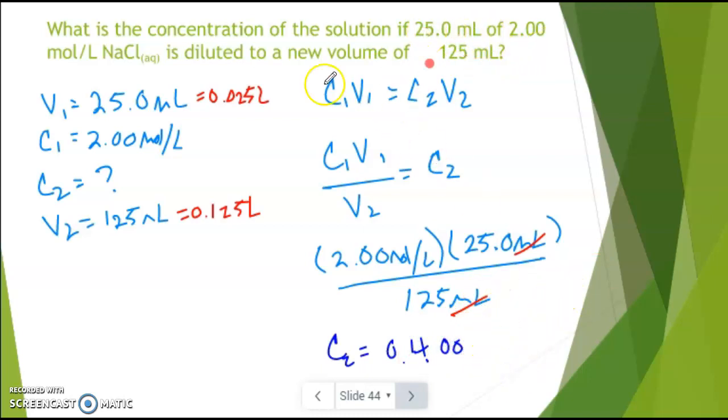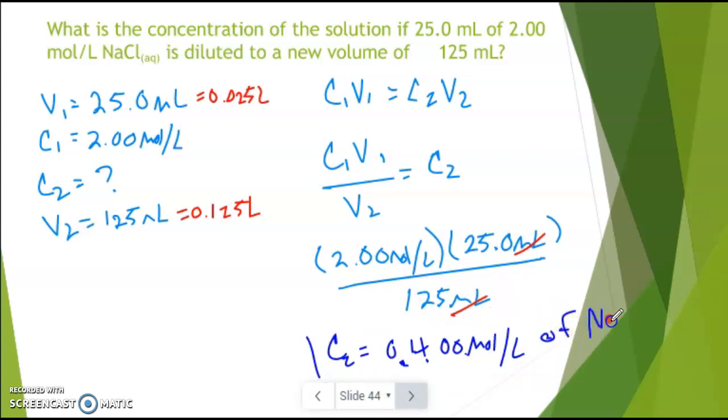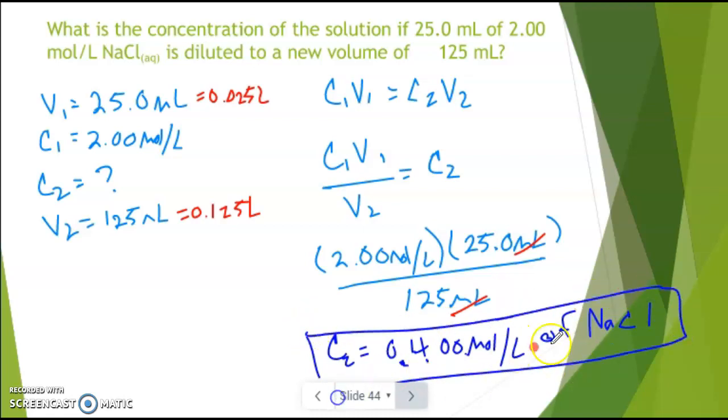So 0.4 moles per liter is my final concentration. I should be even more specific: NaCl, sodium chloride. There is my concentration of sodium chloride.